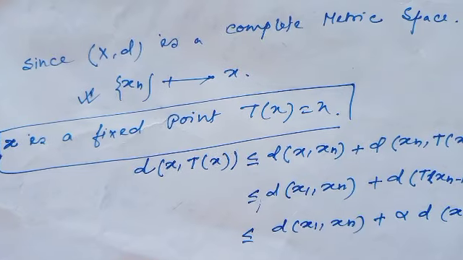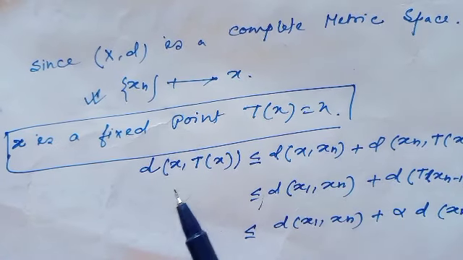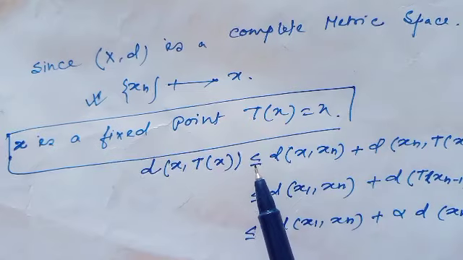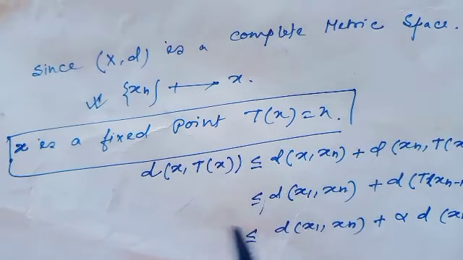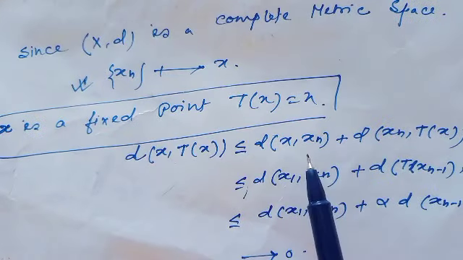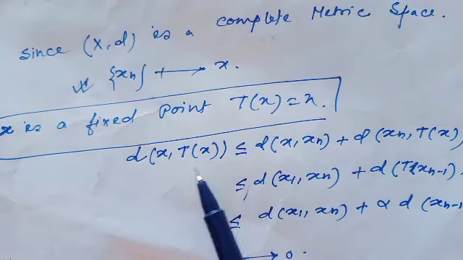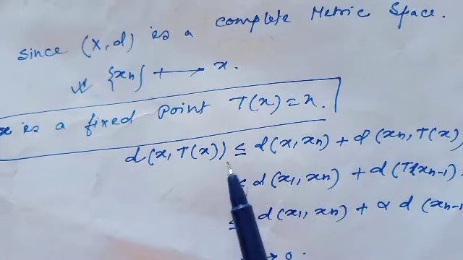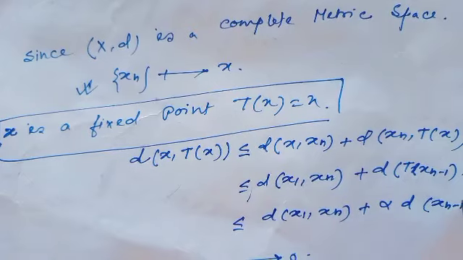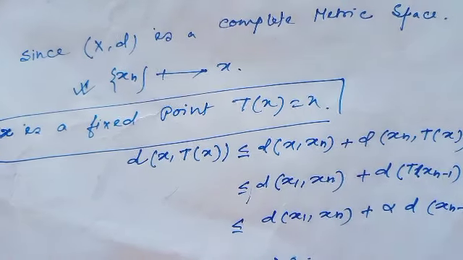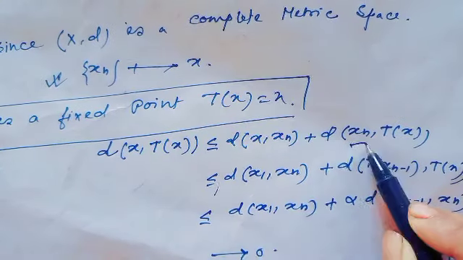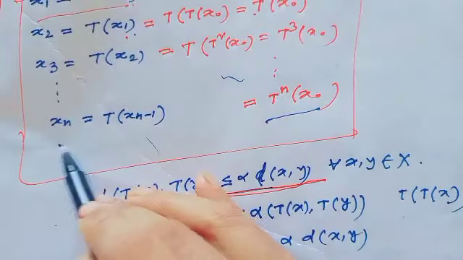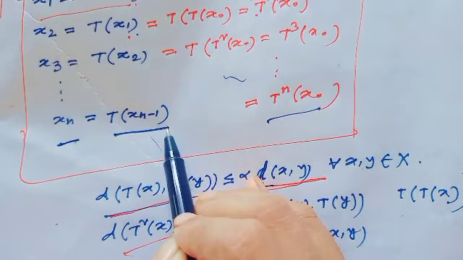That means we have to prove the distance between x comma t of x tends to 0. For this, just use the triangle inequality. Distance between x comma tx is always less than or equal to distance between x comma xn plus distance between xn comma tx. And here xn equals t of xn minus 1.